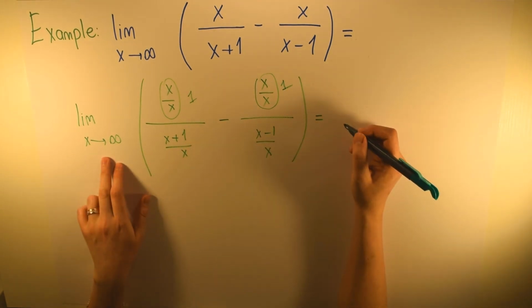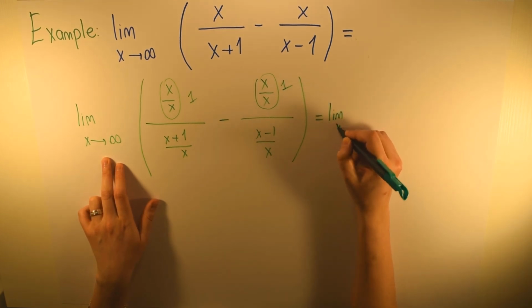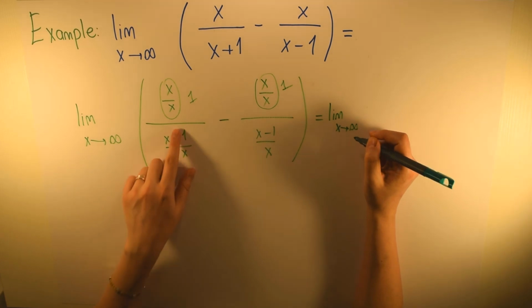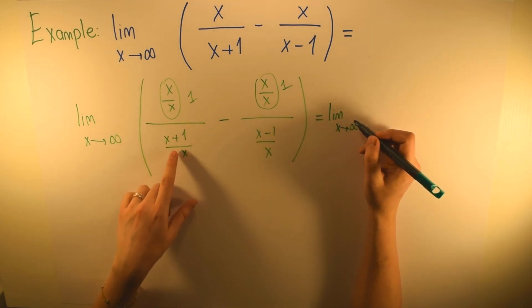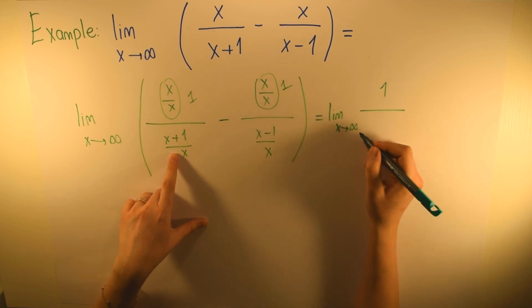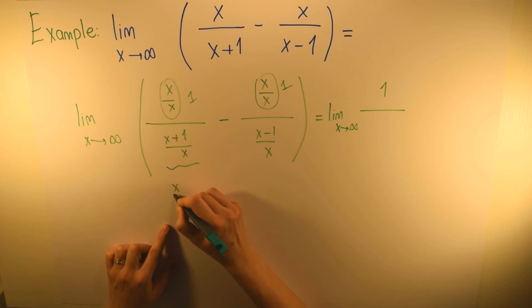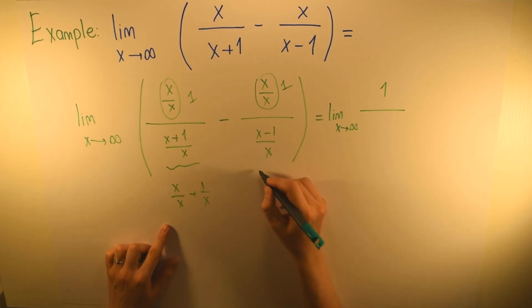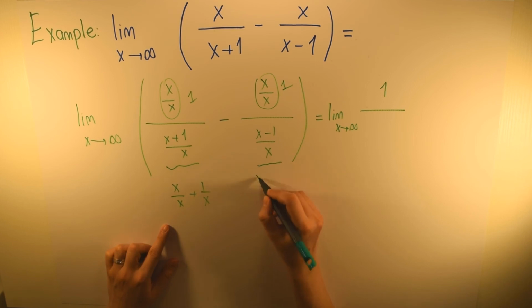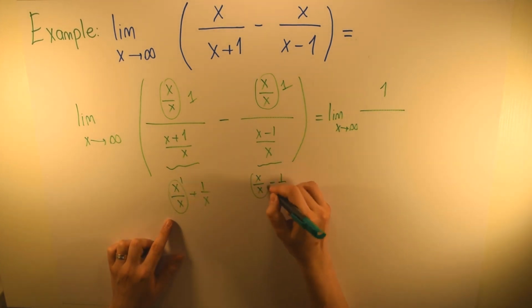So here we have the limit as x approaches infinity. Here we have 1 over, let me write it here, x over x plus 1 over x, right? This is the same thing. And also for this, I can write x over x minus 1 over x. So this is equal to 1, this is also equal to 1.